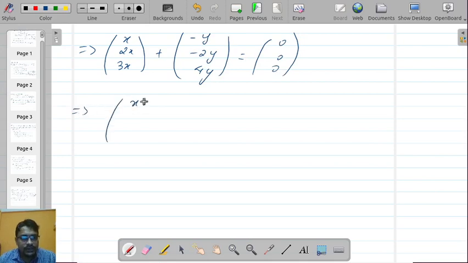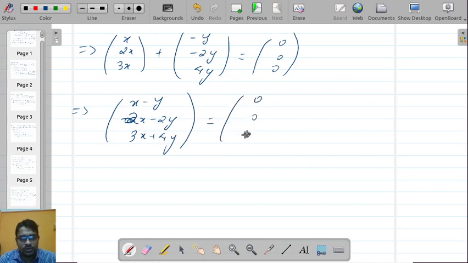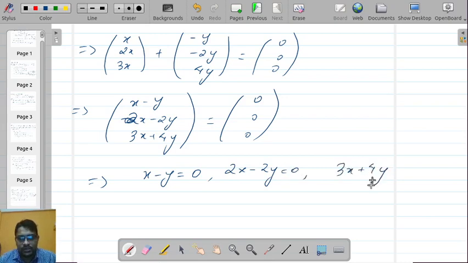So x minus y, twice x minus twice y, then 3x plus 4y, equal to (0, 0, 0). If you compare, x minus y is 0, the second says twice x minus twice y is 0, and the third says 3x plus 4y is 0.